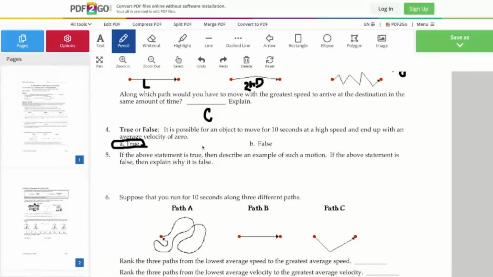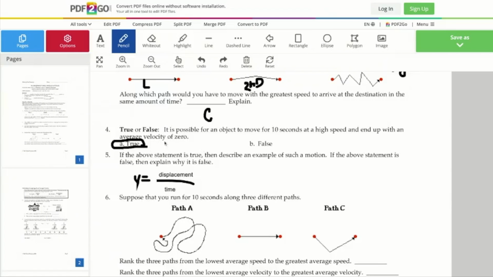So that's the 5th question. If it is true, think of an example where this is possibly true. It's really similar to that first one, because remember, velocity is not the same as speed. Velocity is displacement divided by time.